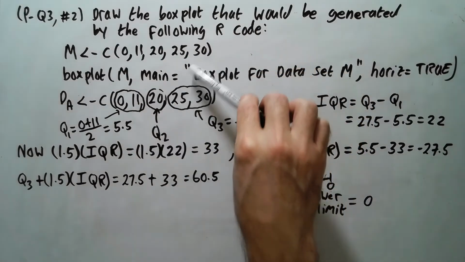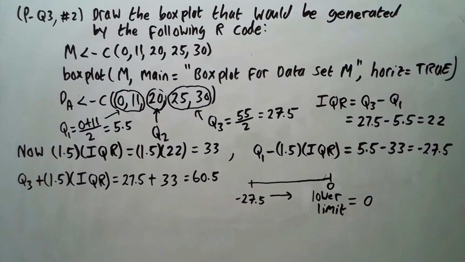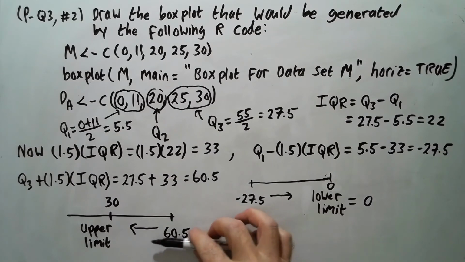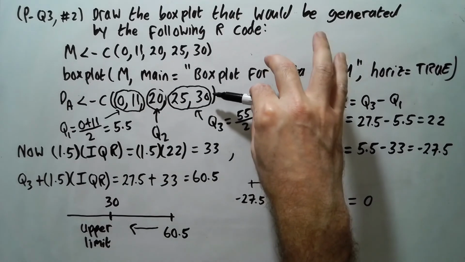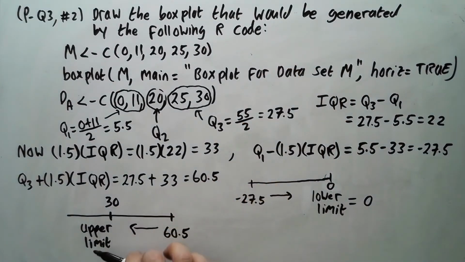Looks like it's going to be 30 here. So coming down from 60.5 along the number line, we're going to hit the 30 first. So therefore the 30 is going to be our upper limit. Okay, so let me erase a few things and we'll do our box plot now.